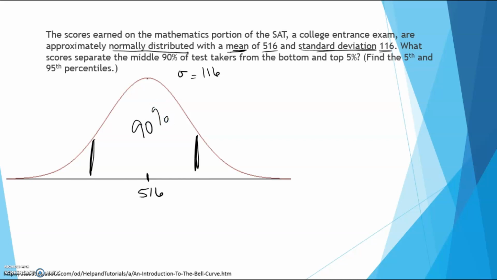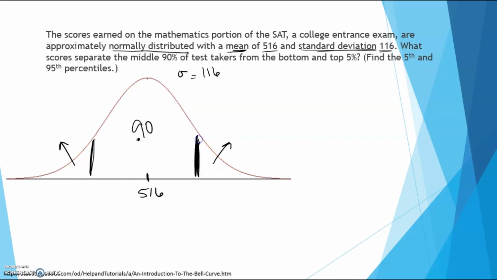We can change that from a 90% to a decimal, which is the same thing as 0.90. So that means there's 10% left here and here.